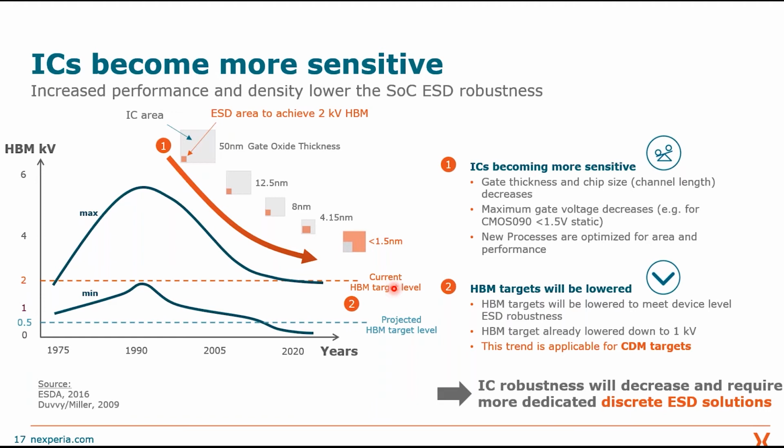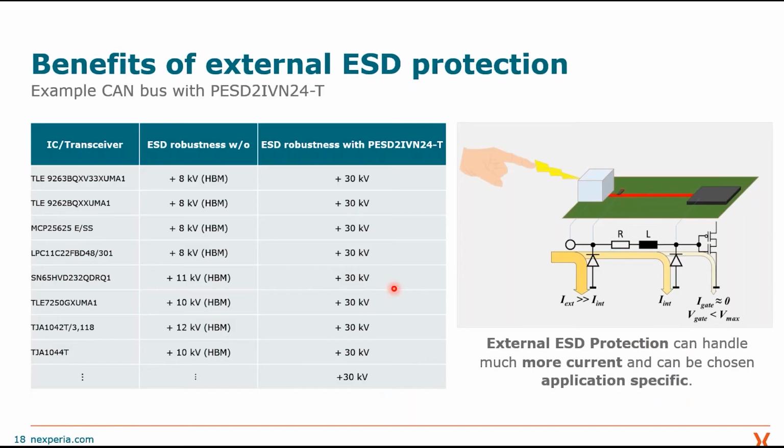But this means, with highly increasing data rates, and this is the takeaway here, the ICs will be getting more and more sensitive, and there is an increasing demand for external ESD protection. We also have a real example for you, shown on the right side.